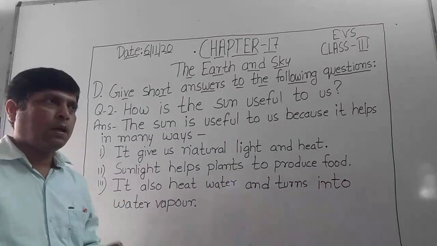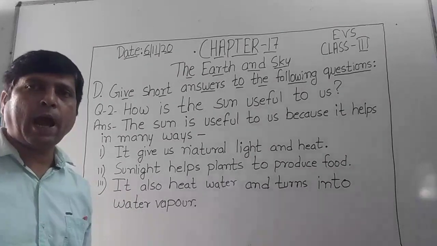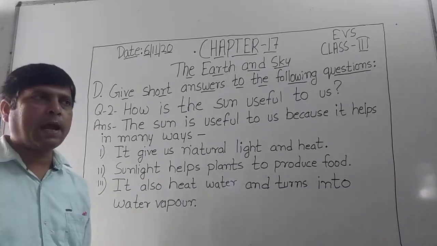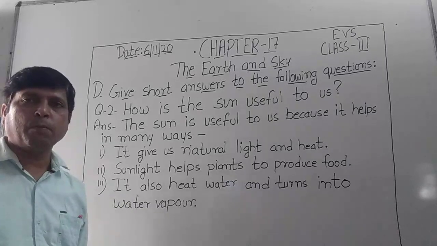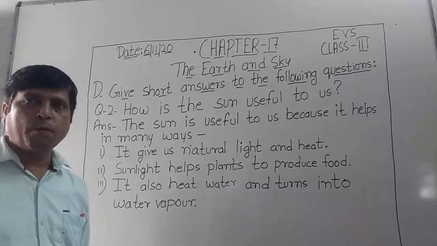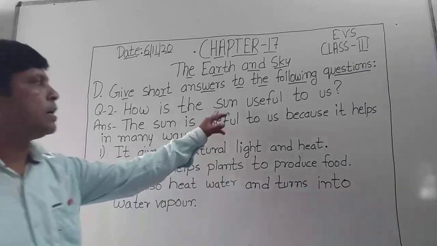So student, we know that the planets do not have their own light, and these planets are moving around the sun. So from where are they getting the light? They are getting the light from the sun.